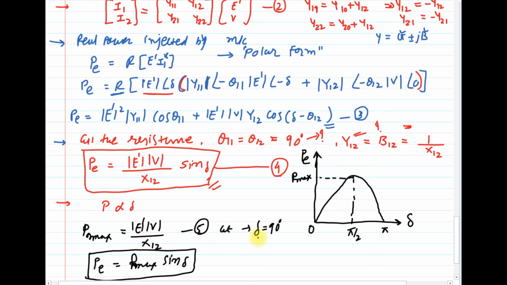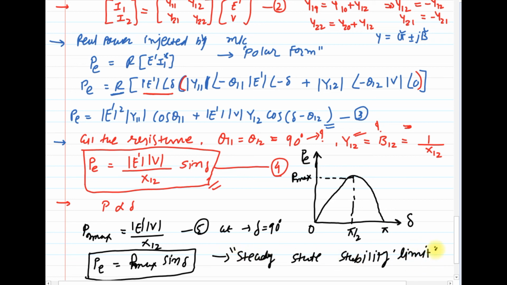Clear? This is the power generated or delivered by the machine into the infinite bus. At the condition delta equal to 90 degrees, we derive the maximum power, which is known as the steady state stability limit of the synchronous machine.